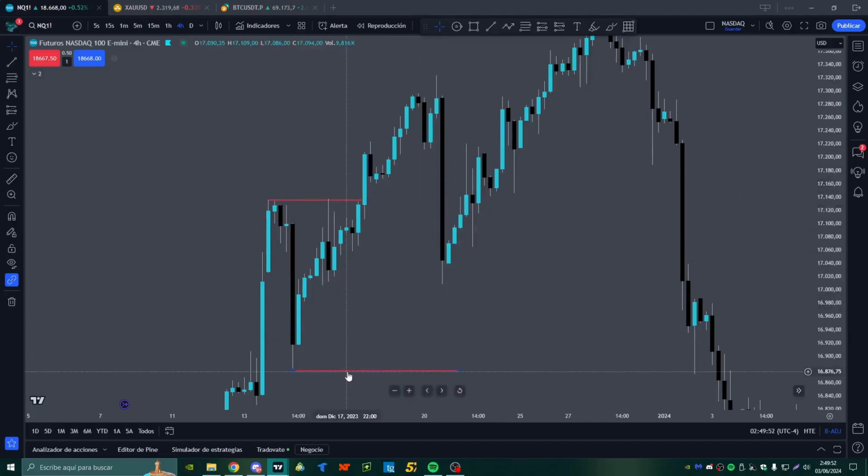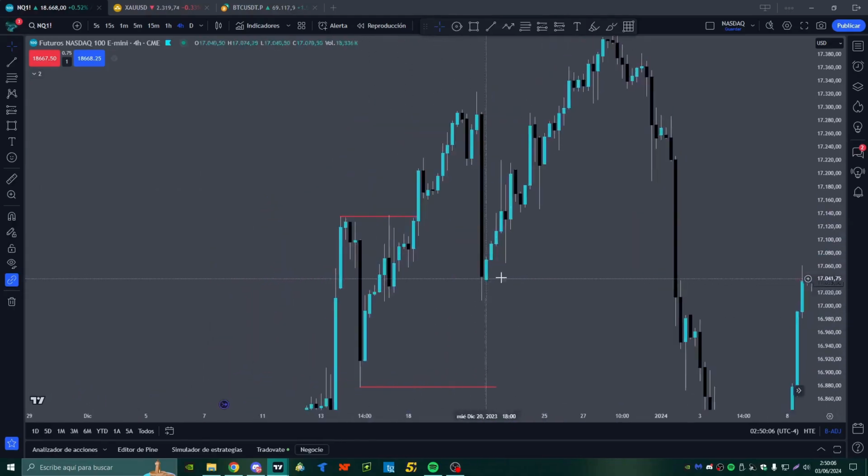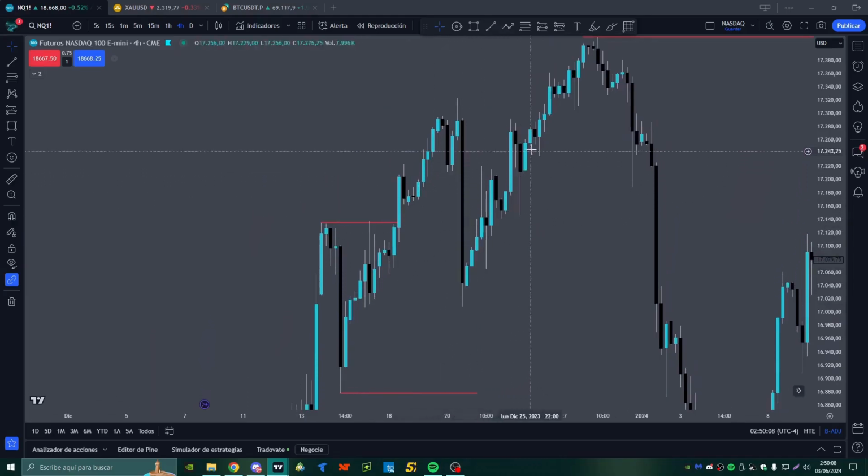Now, which is our only low that would validate a change in trend? This one, and the price comes back precisely to this whole last area, reaching its 50% equilibrium point, and resumes the 4-hour upward trend.